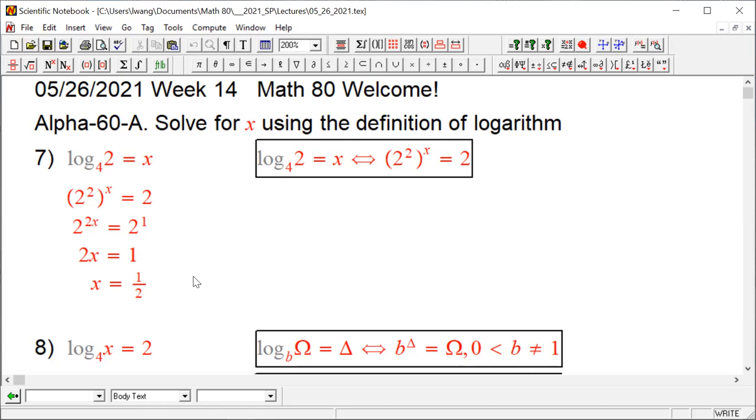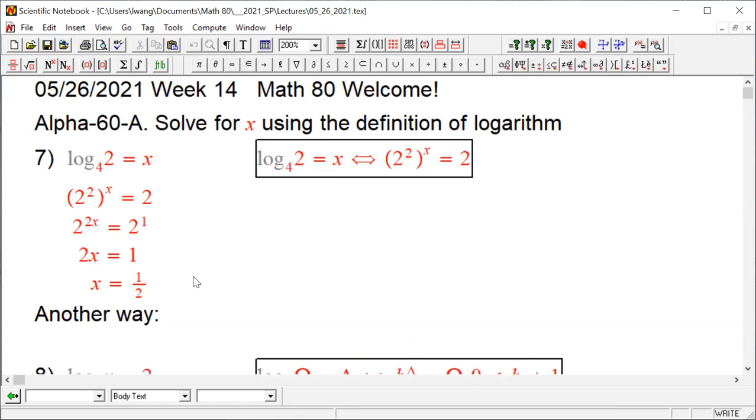I just said there's another way to do it, one you may like better. You can go straight from here. I'm going to switch sides on these two.